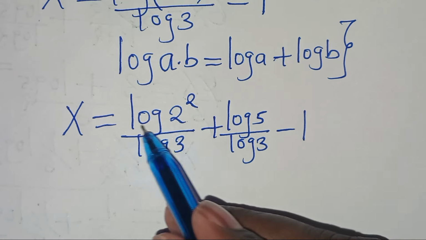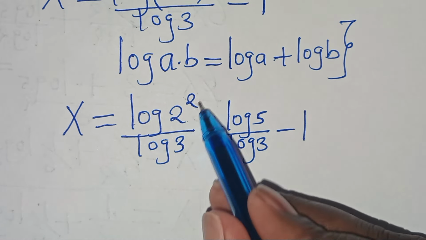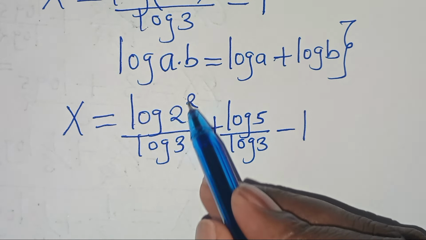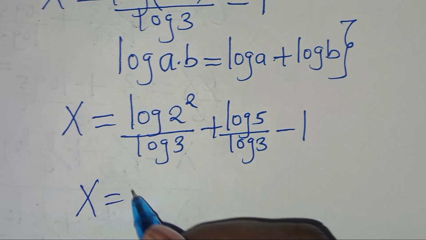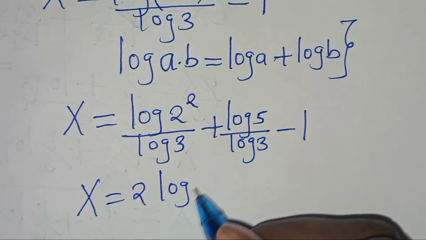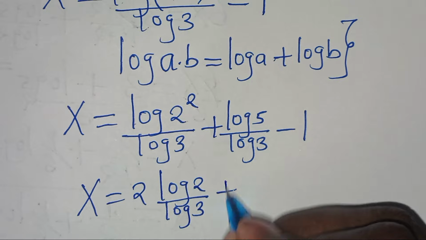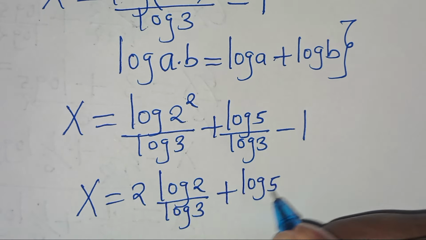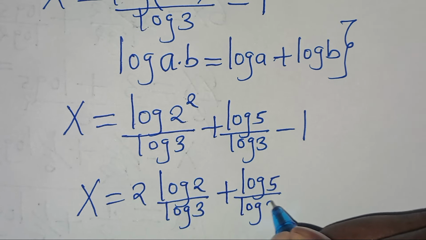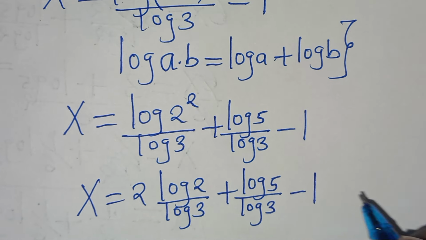So let's apply the power rule property here. That is log 2^2, applying the power rule, becomes 2 log 2 divided by log 3, then plus log 5 divided by log 3, subtract 1.